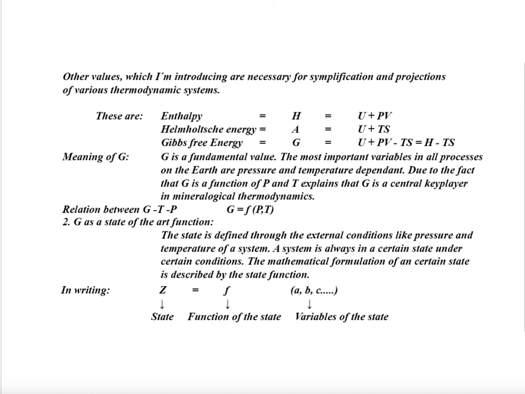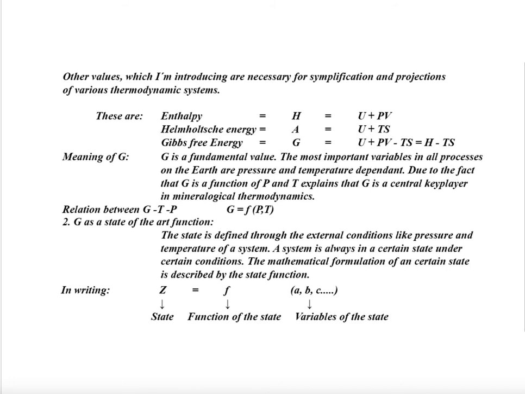So the relation between the Gibbs free energy, the temperature, and the pressure is the following. The Gibbs free energy is a result of the function of pressure and temperature.